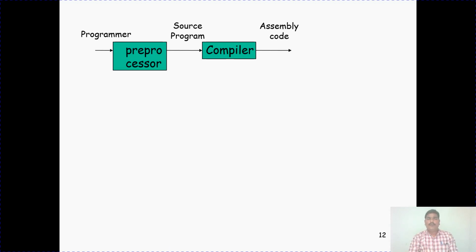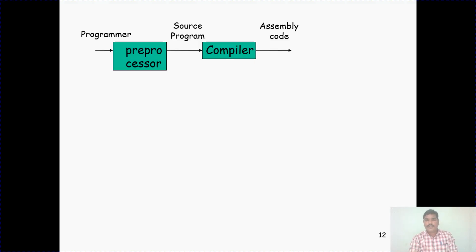What is the compiler? Already I told you: a compiler converts a high level language into a low level language. Low level language is nothing but assembly language. What is assembly language?